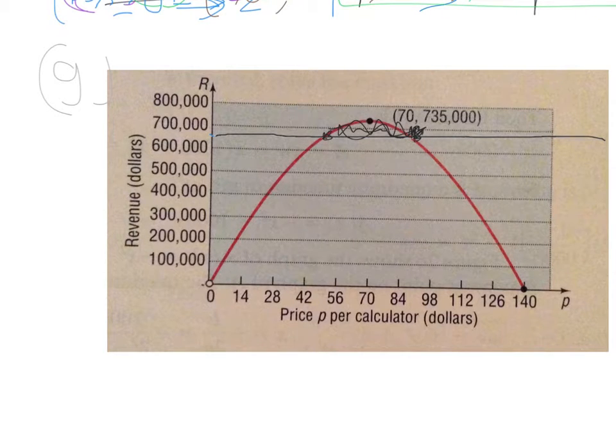So we need to figure out the prices that give you that revenue of $675,000 exactly. Any revenue in between will give you more than that. So we have negative 150p squared plus 21,000p, and we're going to find out where it equals 675,000 first.